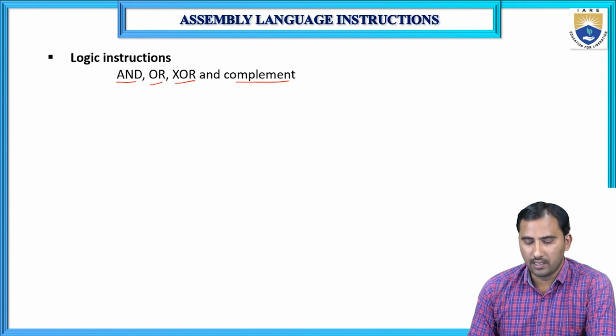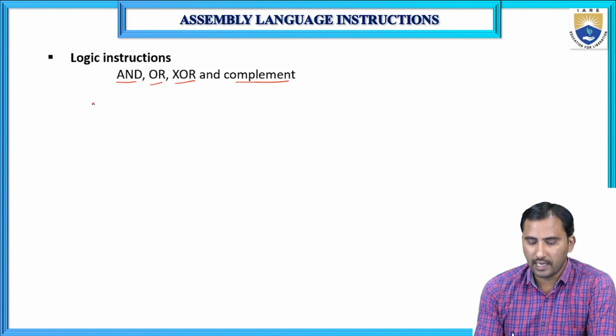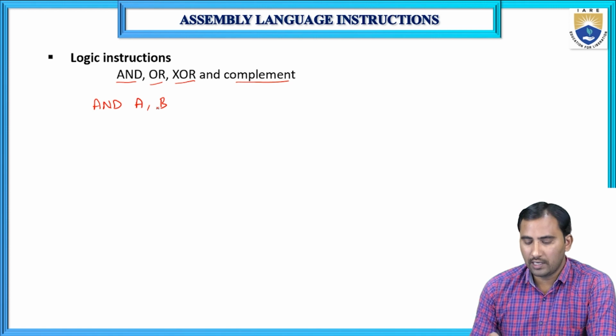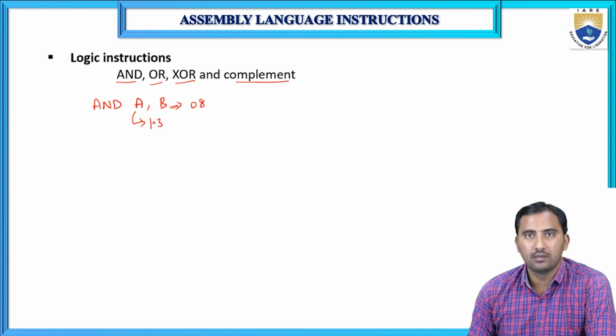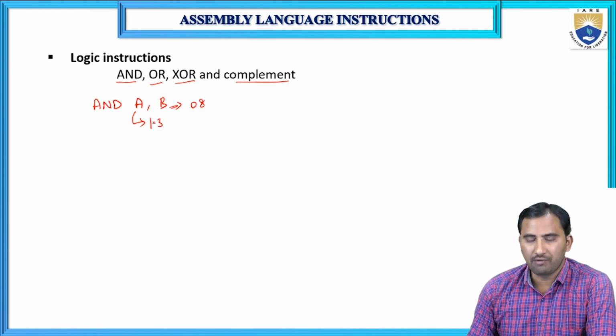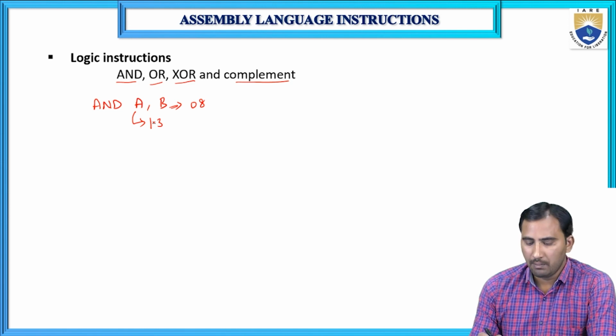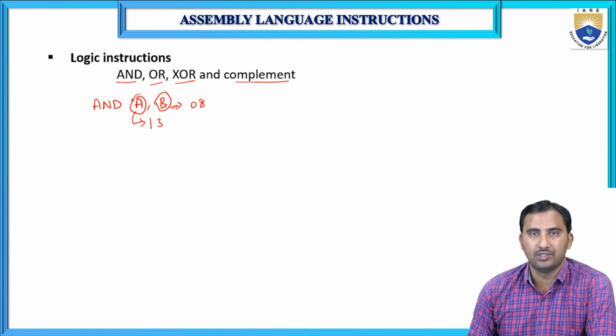Suppose you consider an AND operation, AND A comma B. Let us assume the B register has 08 and the A register has 13. We are performing the AND operation between the contents of the B register and A register.